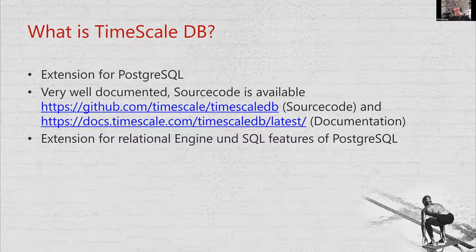Now I want to dive a bit deeper into the Timescale extension and go into some of the features. I will explain a feature that's available in Timescale database, and then Uwe will discuss what that means and how it would translate into the SQL Server world.